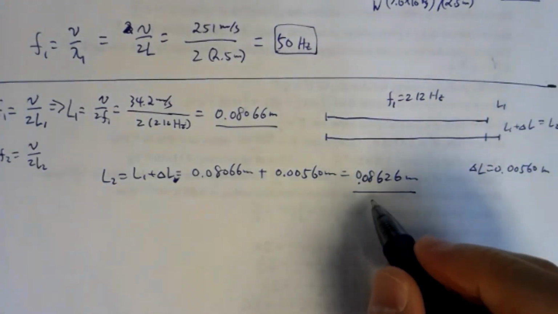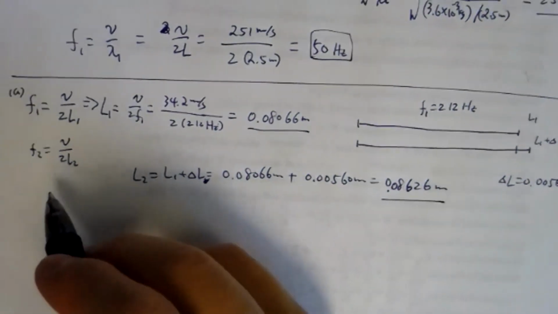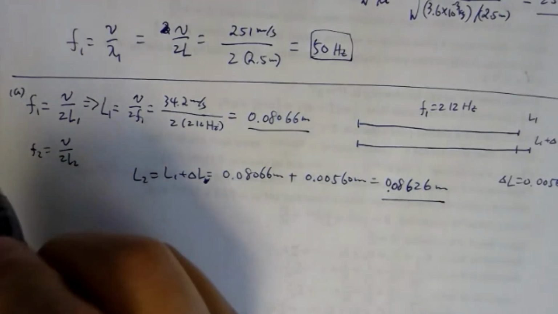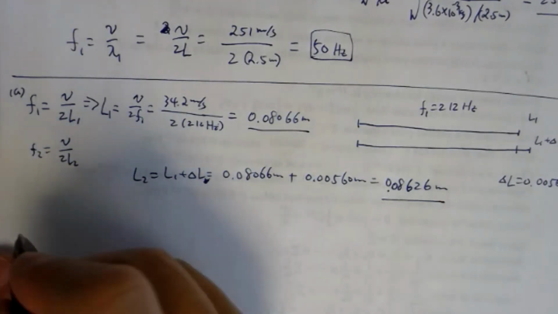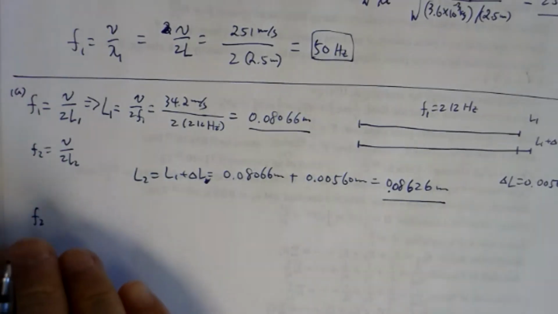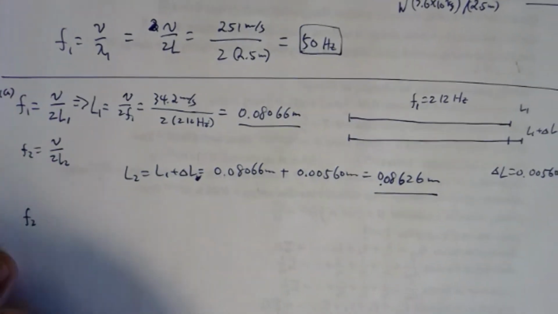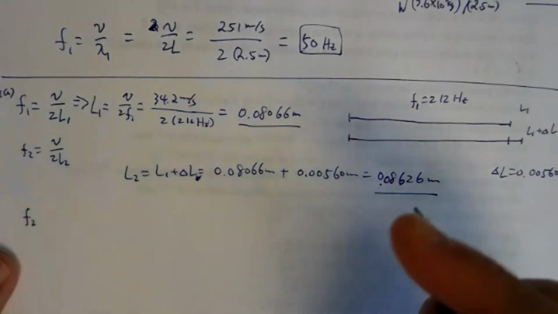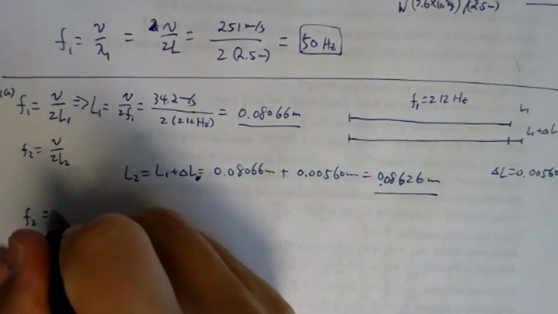Now that I have that one, I can plug it in here to find my F2. This F2 is not the second harmonic, but it's the fundamental or the first harmonic of string 2, okay? Just keep that in mind.